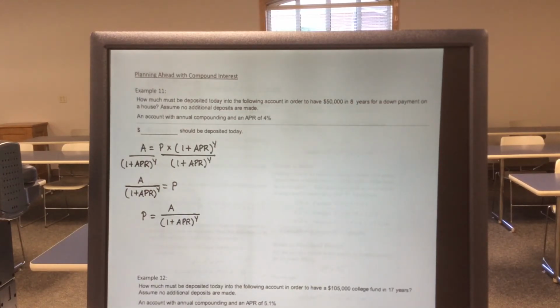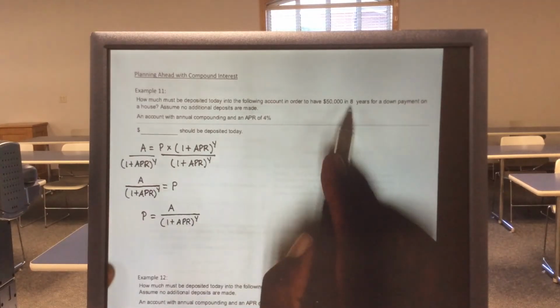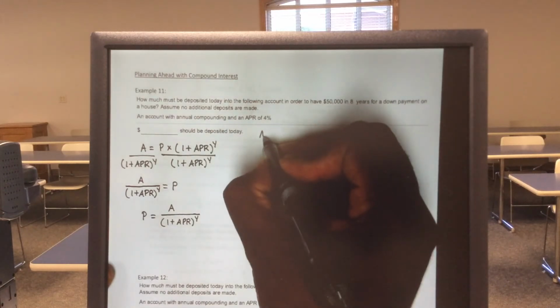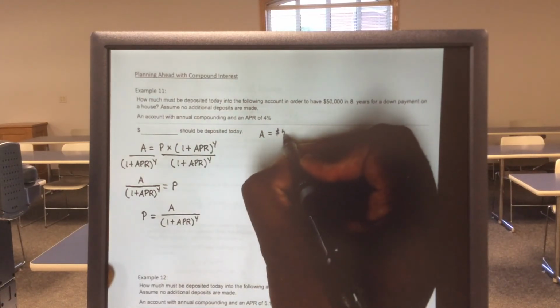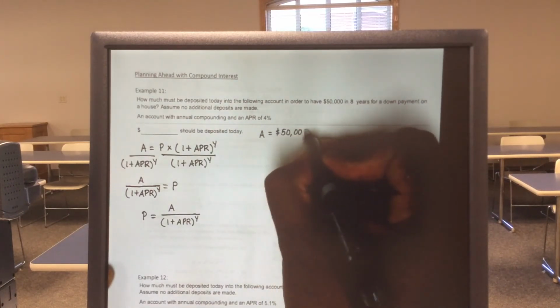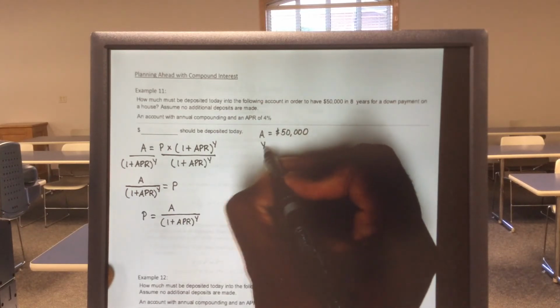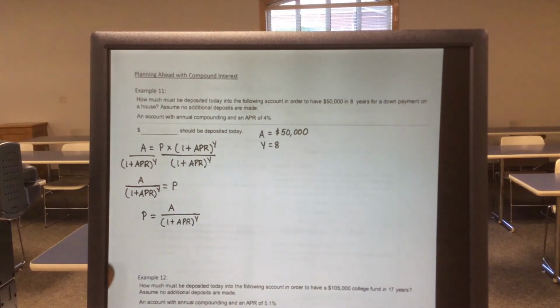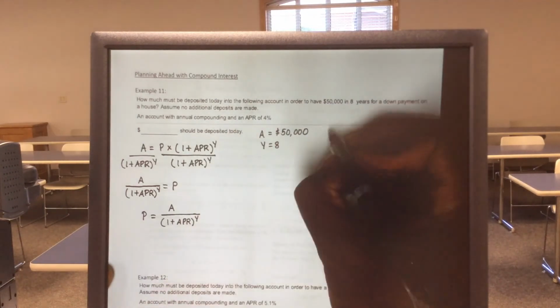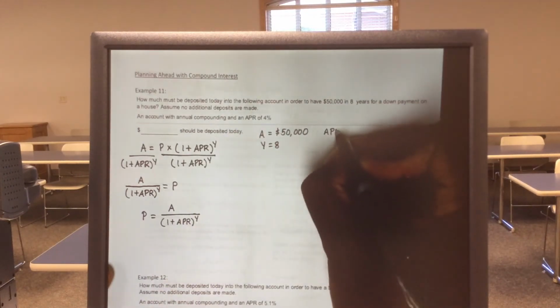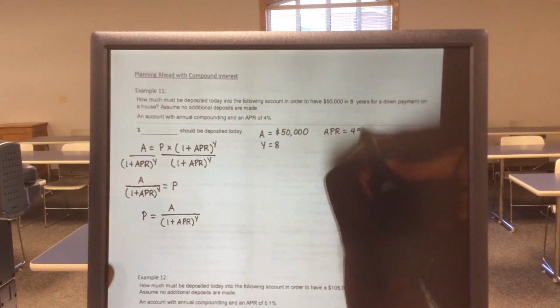Okay? So here I'm going to be finding out what the principal is, the amount that I need to deposit today. I'm given, okay, I want to have $50,000, so here that would be A, not P. In 8 years, Y is equal to 8. We've got an annual compounding, and the APR we got to be 4%.